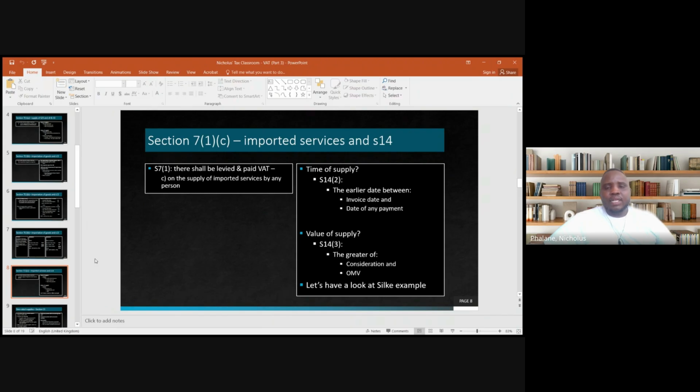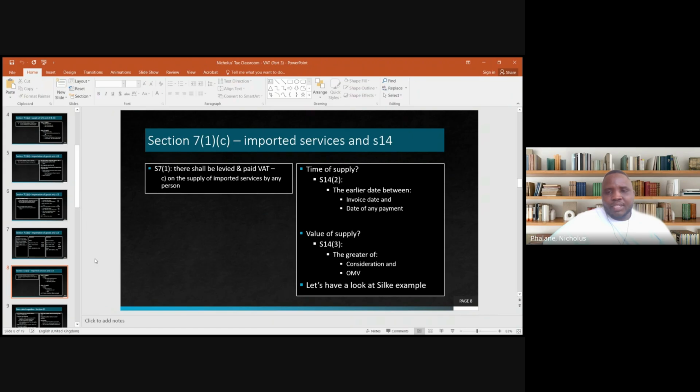Then let's look at importation of services. If these are imported services as defined in the VAT Act, then VAT is levied and paid by the recipient of these services, in terms of Section 7(1)(c). Then what are the time and value of supply rules?